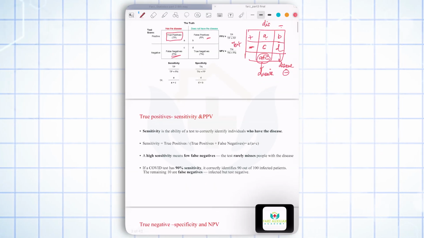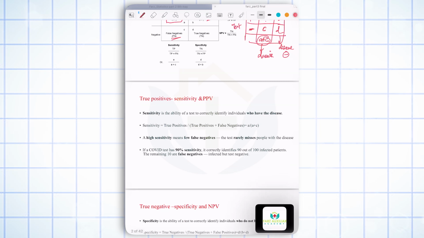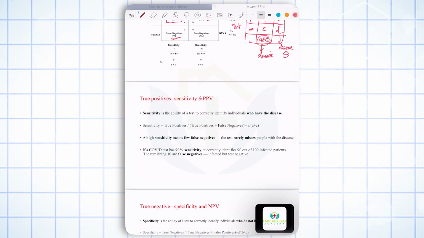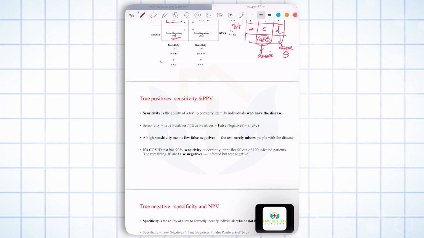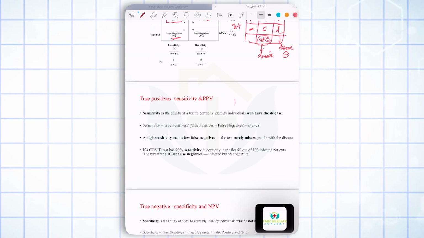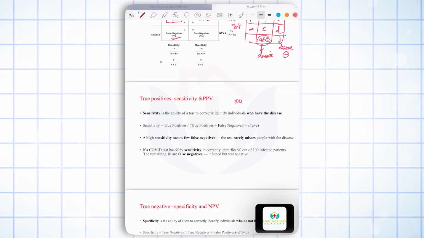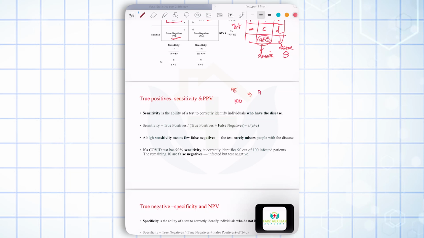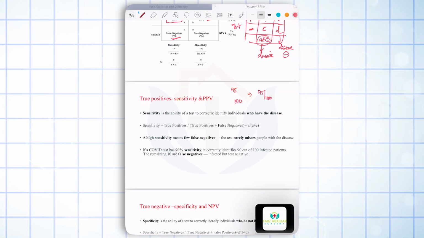So what is sensitivity? Sensitivity is the ability of the test to correctly identify individuals who have the disease, meaning true positives. Let us assume that the total number of patients who have the disease is 100. The test identifies 95% of the patients with the disease. So the sensitivity comes out to 95 by 100, which is 95% sensitive.